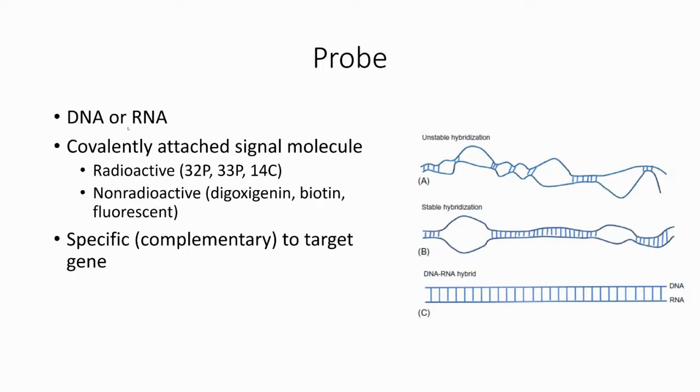Basically, you need to label the denatured single-stranded probe to hybridize to the membrane-bound DNA or RNA. The probe must be labeled with a radioactive or other type of marker, and then denatured by heating and applied to the membrane in a solution of chemicals so that you can have nucleic acid hybridization.